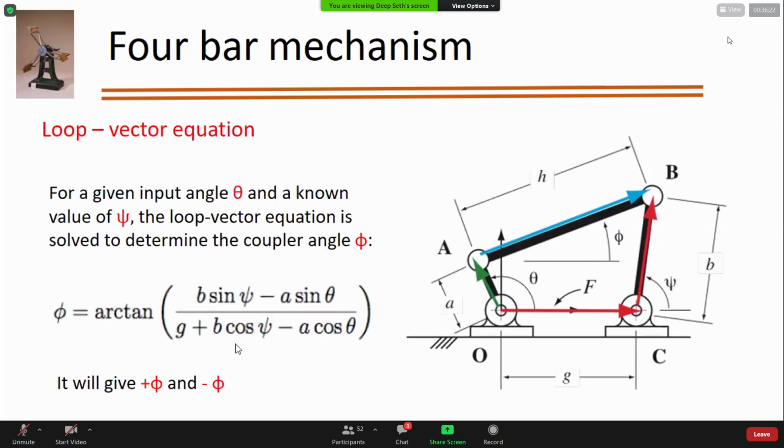You will solve this equation, and you will find phi is equal to arctan of (B sin psi minus A sin theta) divided by (G plus B cos psi minus A cos theta). So this phi is defined in terms of psi and theta, which are known.